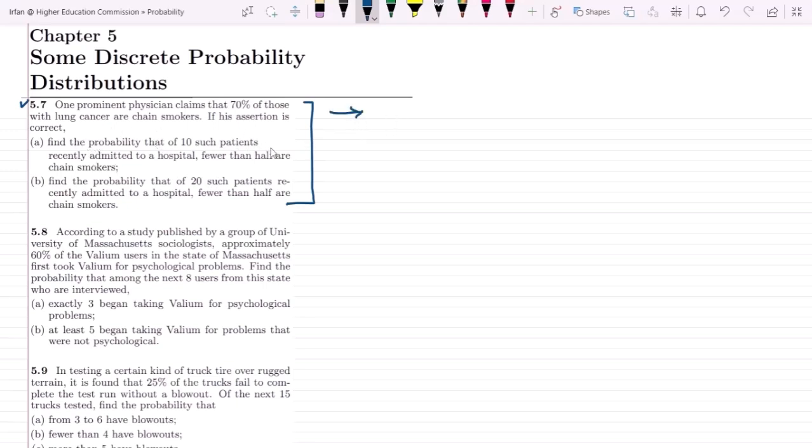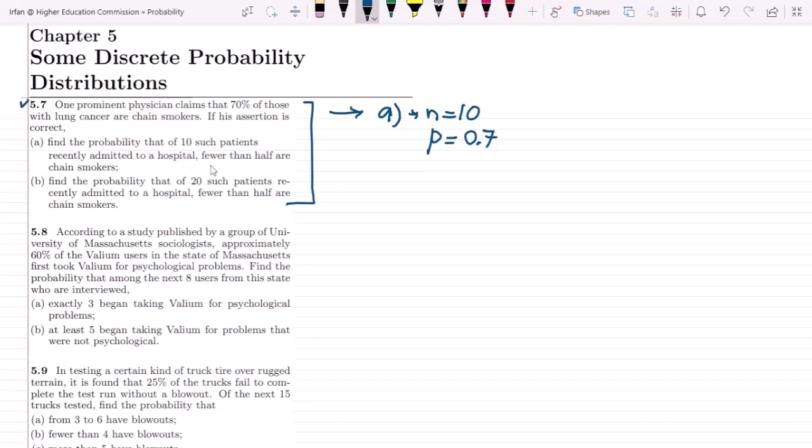Okay, so how many trials will we have here in part A? We will have n equal to 10. And the probability that, out of all lung cancer patients, the chain smokers are 70%, so the probability here would be 0.7. What do we have to find out in part A?